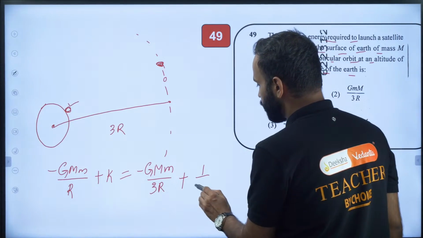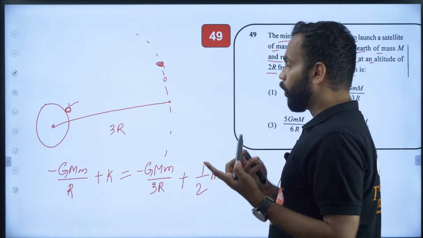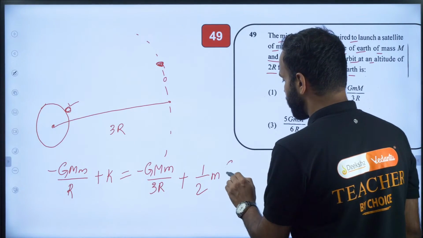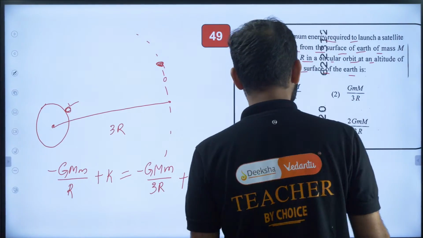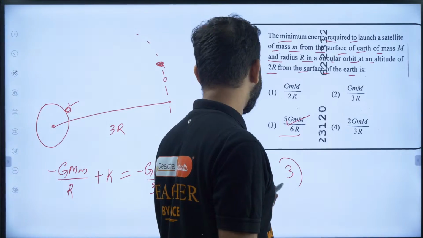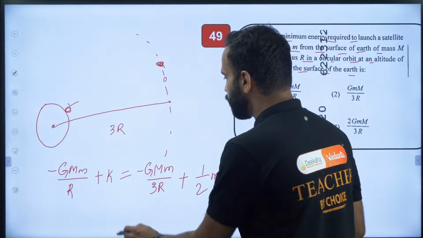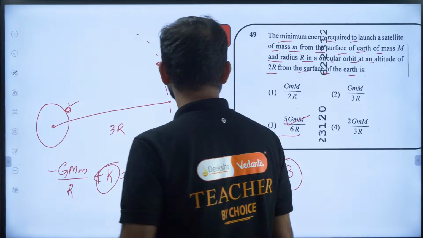So the kinetic energy of the satellite is half m v naught square. V naught is the orbital velocity, right? Orbital velocity will be root of GM divided by r. So now solve this, you will get 5 GMm divided by 6r. So the correct option is 3. Solve this equation, you will get K as 5 GMm divided by 6r.